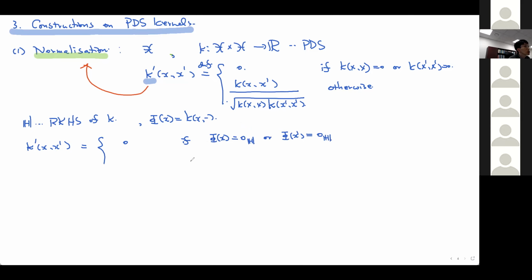Otherwise, what we do is we compute the inner product, but after normalizing each element by its size.